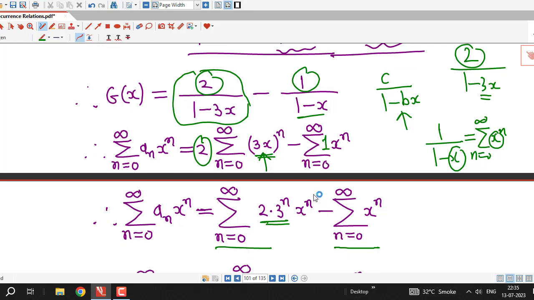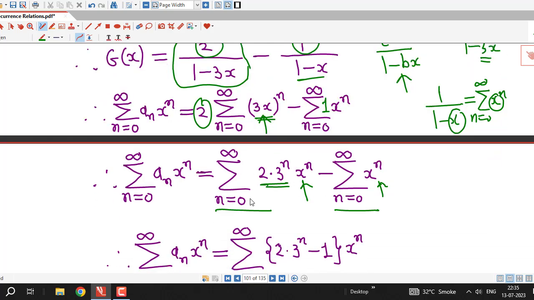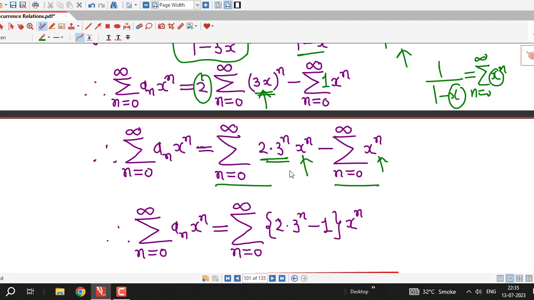Now in the next step we have taken this x raised to n common. We can combine these two summations because range is from n equal to 0 to infinity. So we have 2 into 3 raised to n into x raised to n minus 1 into x raised to n.